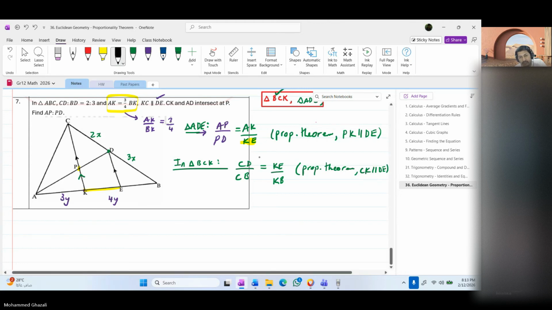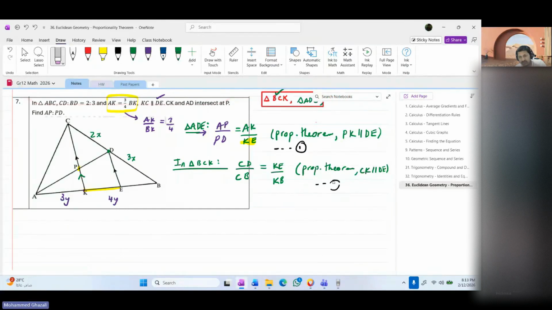So this was equation 1, by the way, right? And this is equation 2. Okay, you don't need equation 2. You're just going to say substitute this into equation 1. CD, what is CD? CD is 2x and CB is 5x. KE is unknown. That's what we're looking for. And KB is what? 4y. Now you cross multiply.